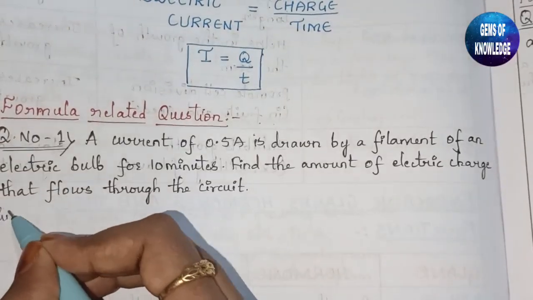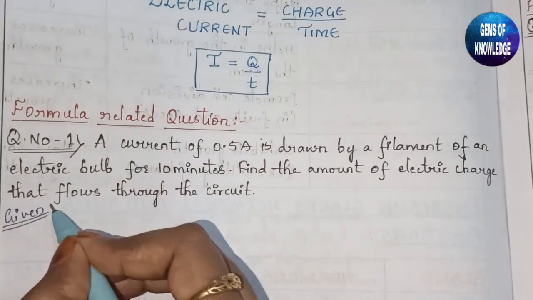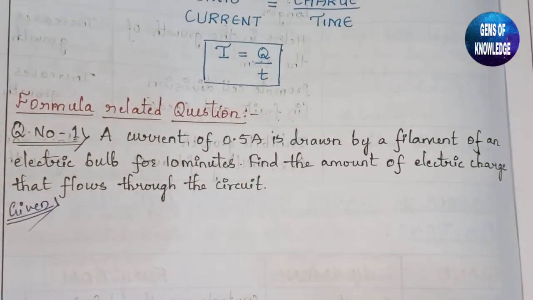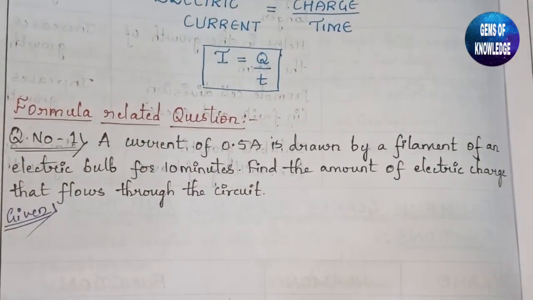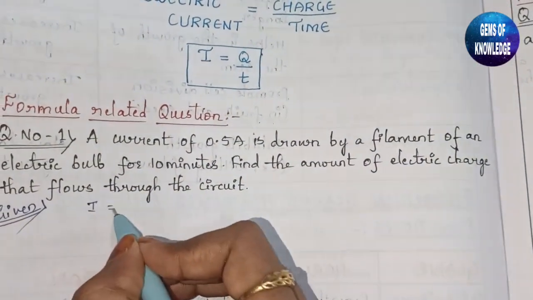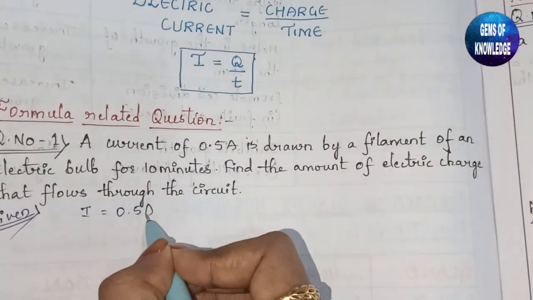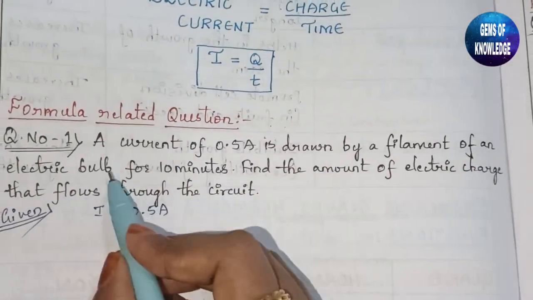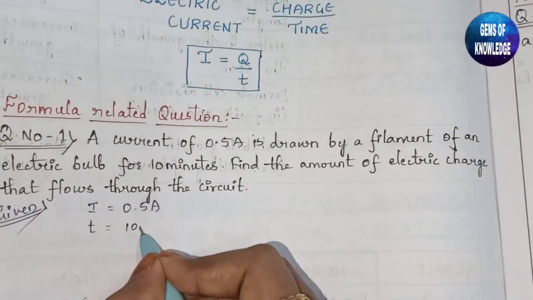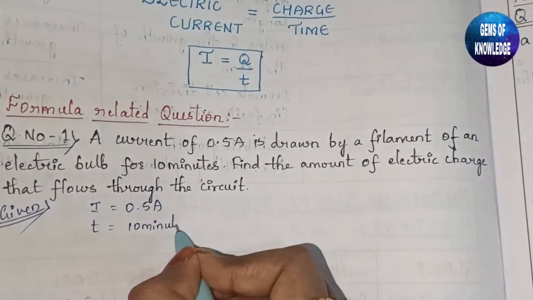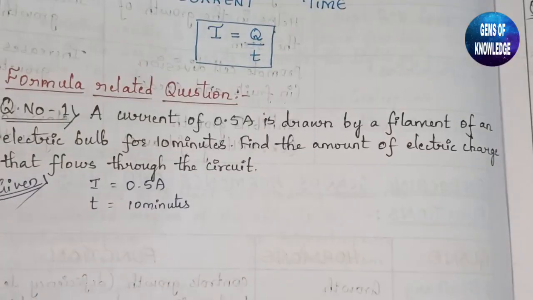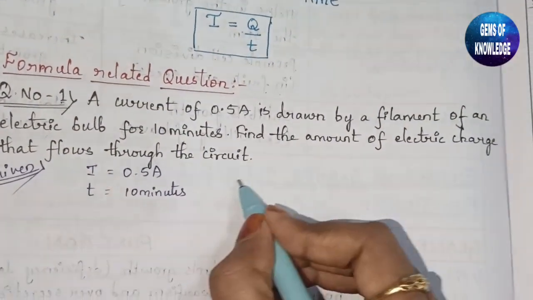So first thing we need to write is the given. Always remember to write what is given in the question, so that it is easier for you to apply the formula. So current is given, that is I is equal to 0.5 ampere. Then 10 minutes is given. What is that? Time. You just have to convert these minutes into seconds, because seconds is the SI unit for time.